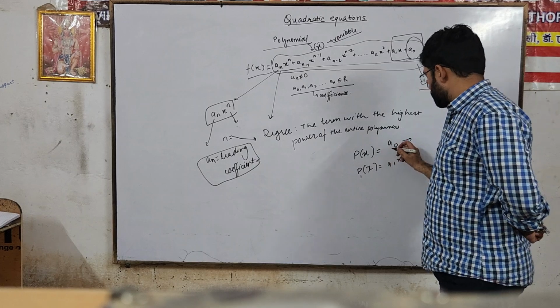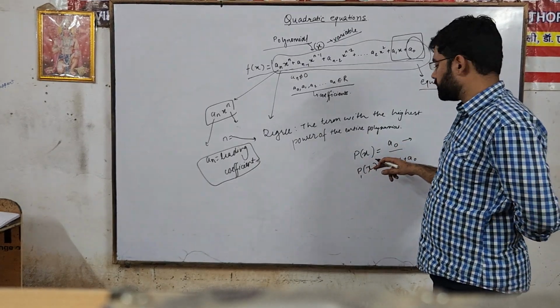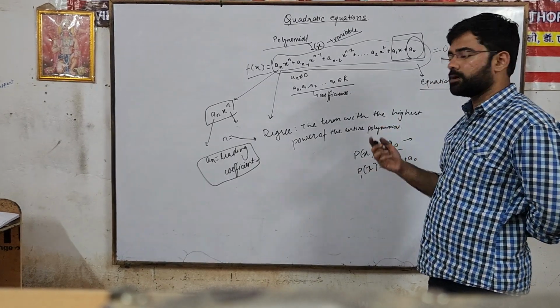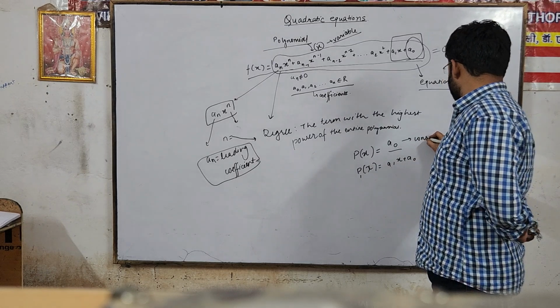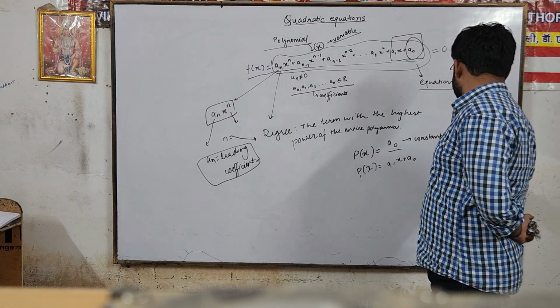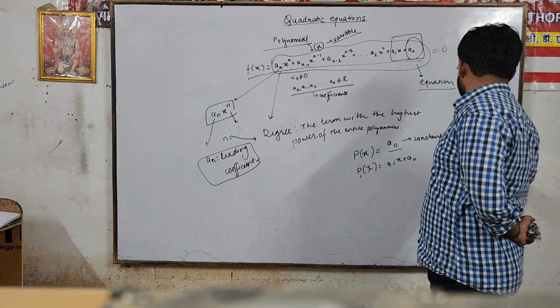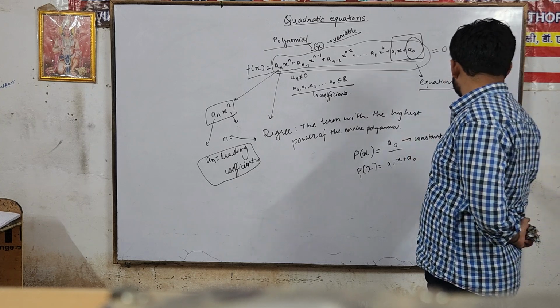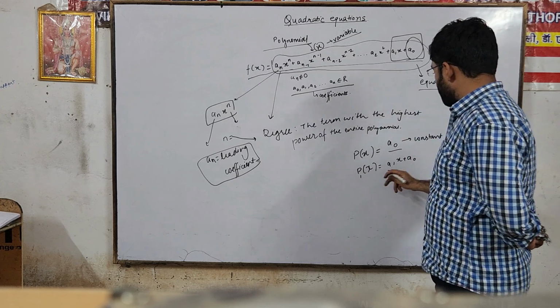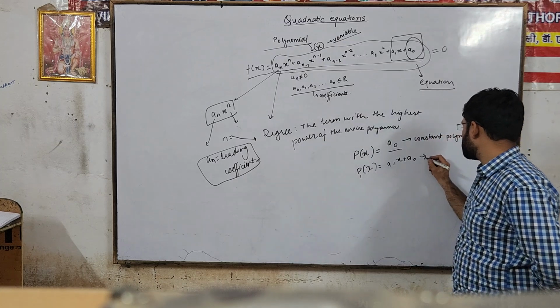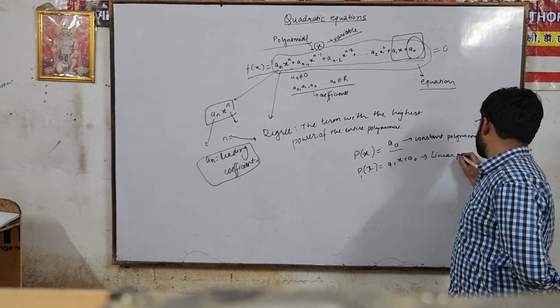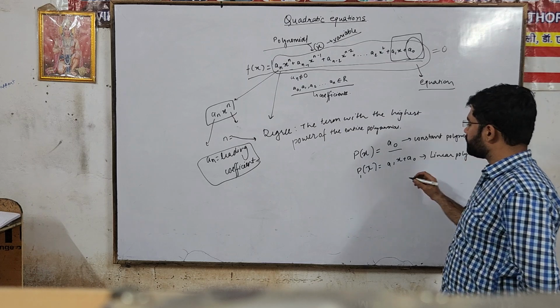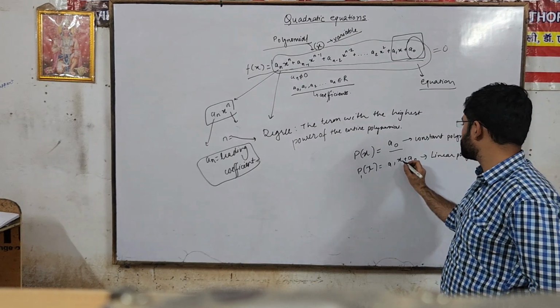This expression which does not have an x term is known as a constant polynomial or a constant function, you can call it. And this term is known as a linear polynomial, where the maximum power of x is 1.